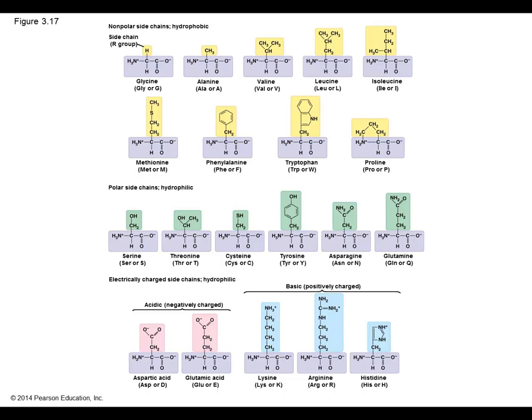The 20 amino acids, the building blocks for proteins, differ by their differing side chains, and we see the groupings here based on the chemistry of the side chains.